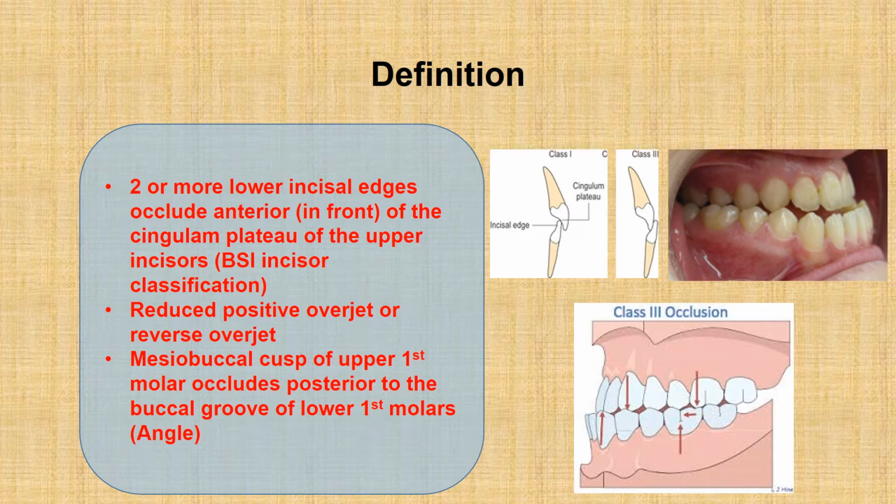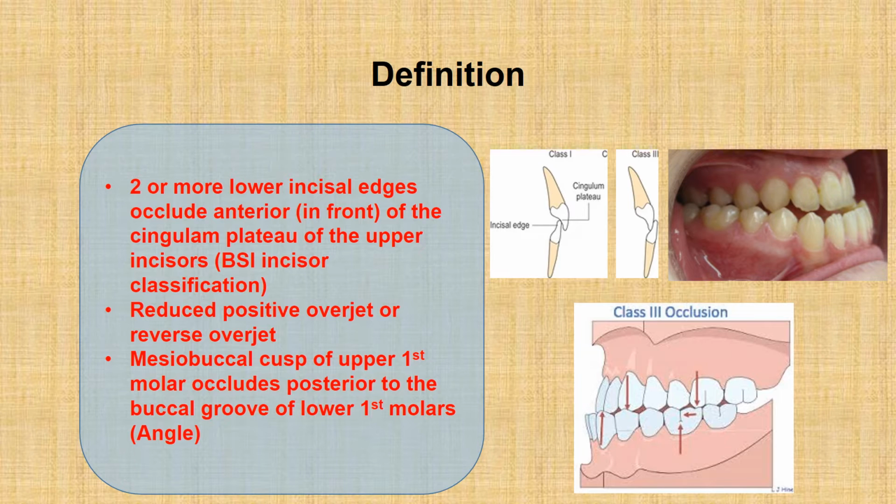Okay, how do we define a Class 3 malocclusion? This is defined as two or more lower incisal edges occluding anterior to the cingulum plateau of the upper incisors, in accordance with the British Standards Institute incisor classification.